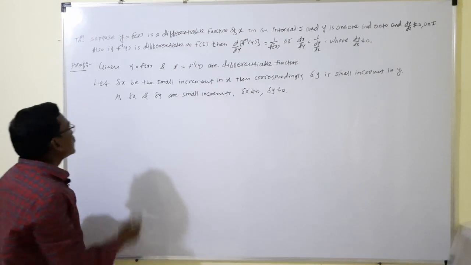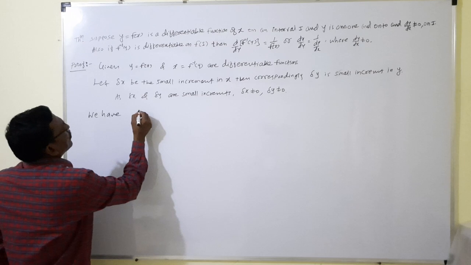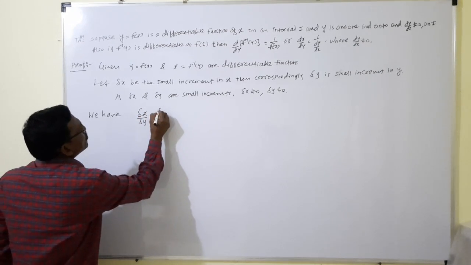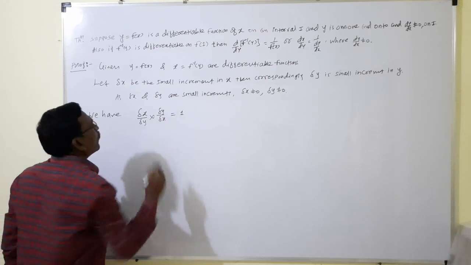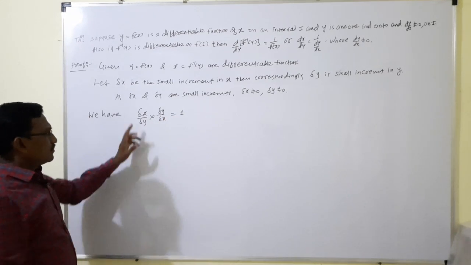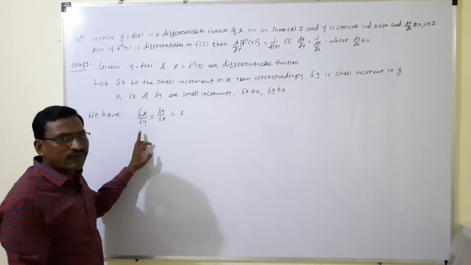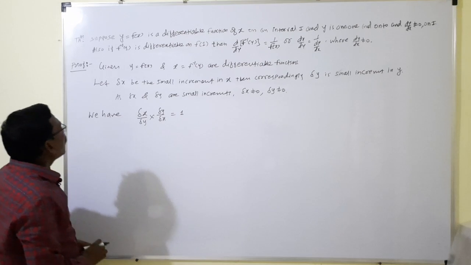Now we take the ratio delta x upon delta y into delta y upon delta x, which is equal to 1, because delta x gets cancelled and delta y gets cancelled, giving 1.